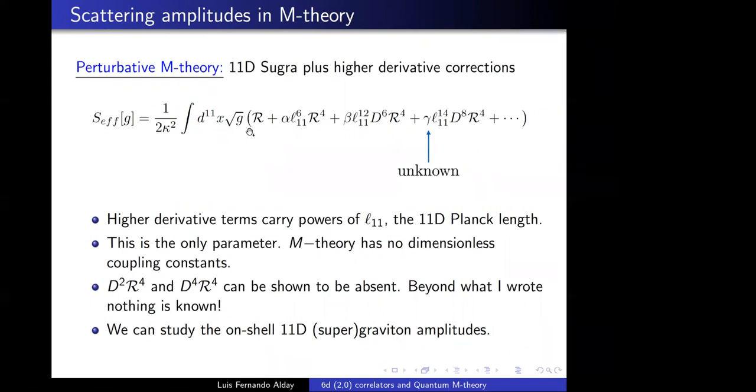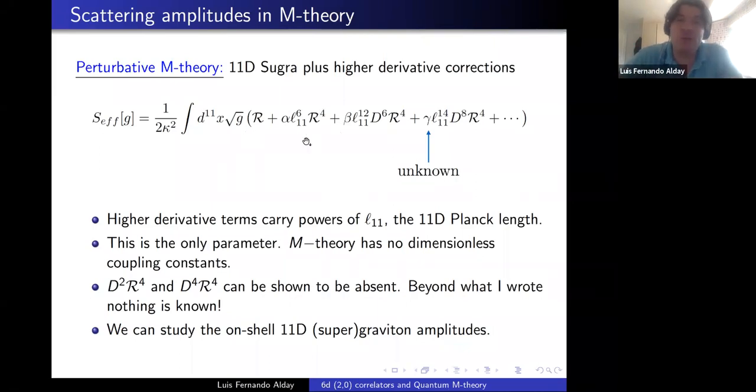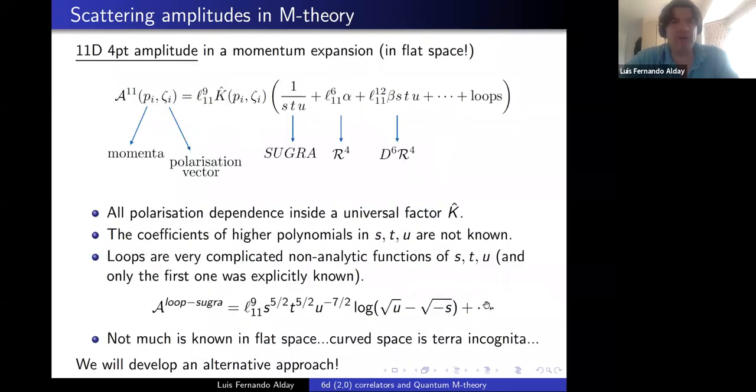Now, there is a slightly better, nice way to study these effective actions, by studying some on-shell quantity, and the on-shell quantity here is the amplitude of the scattering of gravitons. So we can consider the on-shell scattering of 11-dimensional gravitons, and the 4-point amplitude of gravitons has a structure that mimics the structure of the effective action.